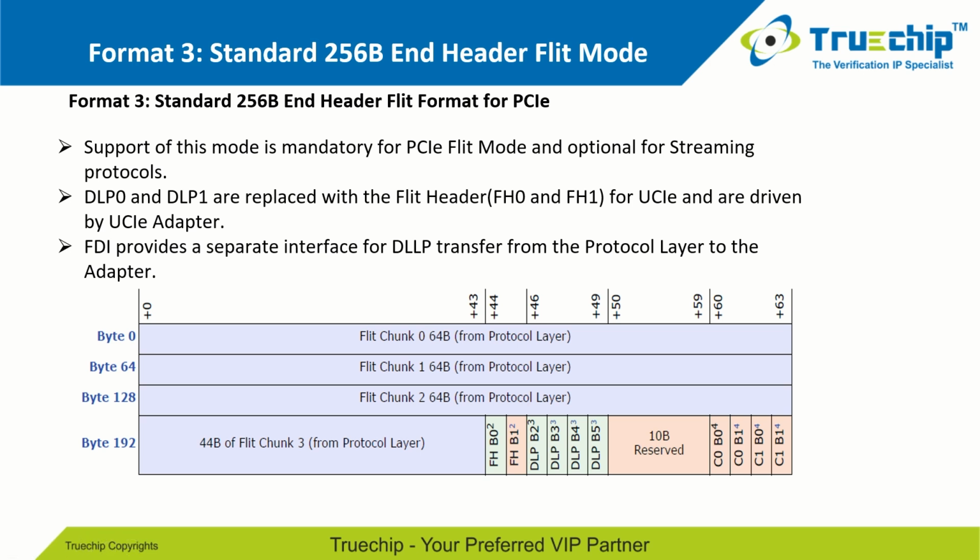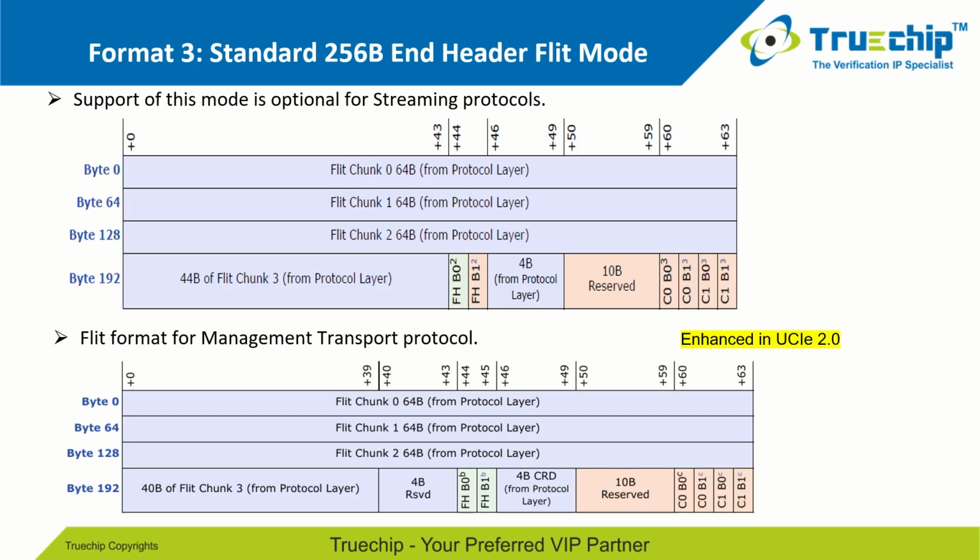We can see here these are the 6 DLP bytes, where the 0th and first DLP bytes are replaced with the Flit header bytes. Now, the FDI provides a separate interface for DLLP transfer from the protocol layer to the adapter layer.